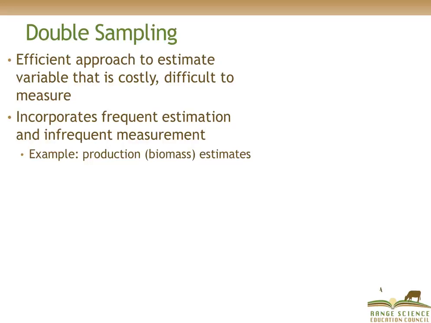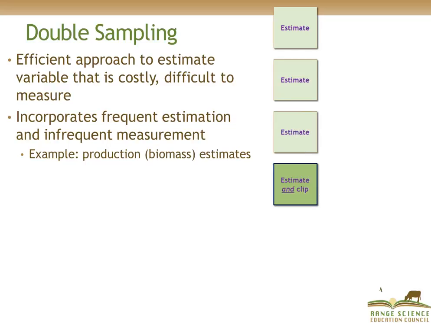So the way this works in this situation, we have quadrats in which, after a certain amount of training, you would estimate the amount of biomass in each one of these quadrats, and then in the fourth quadrat, you both estimate and clip. And so you have both an estimation and a measured value.